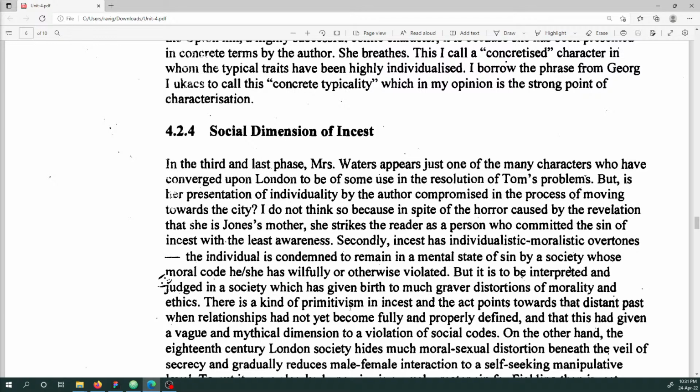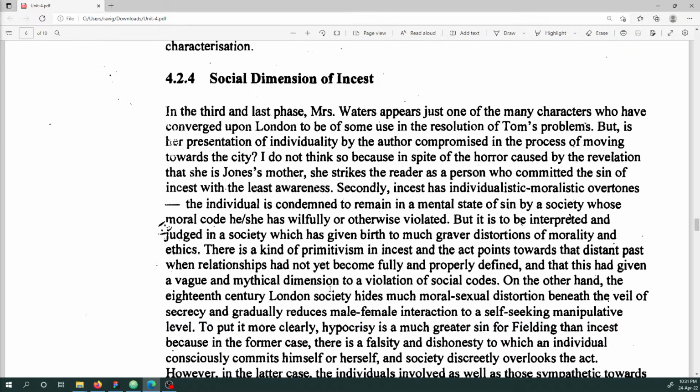There is a kind of primitivism in incest, and the act points towards the distant past when relationships had not yet become fully and properly defined, and this has given vague and mythical dimensions to a violation of social codes. On the other hand, 18th century London society hides much moral and sexual distortion beneath the veil of secrecy and gradually reduces male-female interaction to a self-seeking, manipulative level.